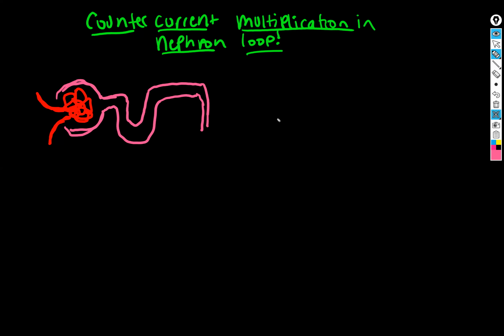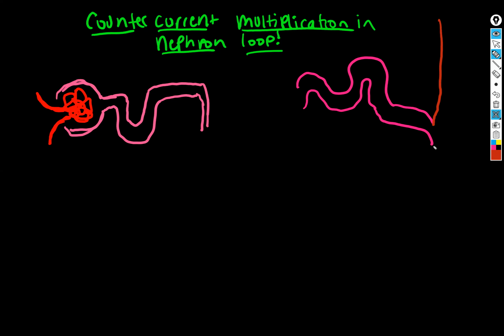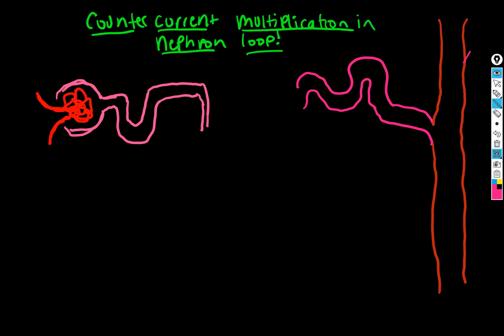And then after the loop, which I'm going to draw inset in a box, is our DCT, distal convoluted tubule. And then that plugs into a collecting duct, which also receives input from lots of other distal convoluted tubules.